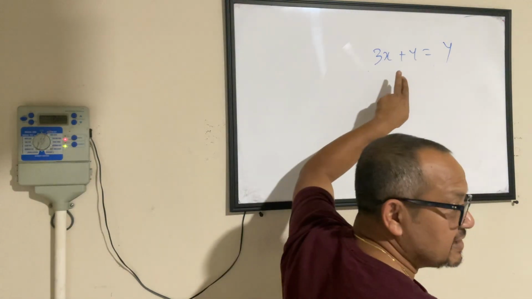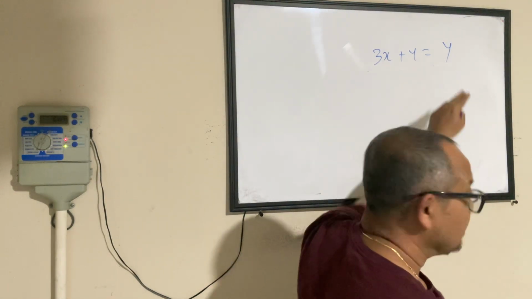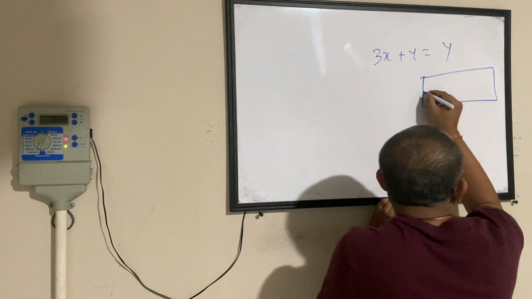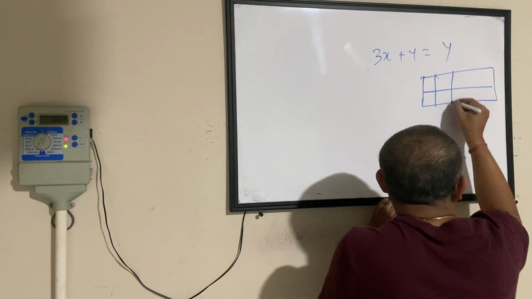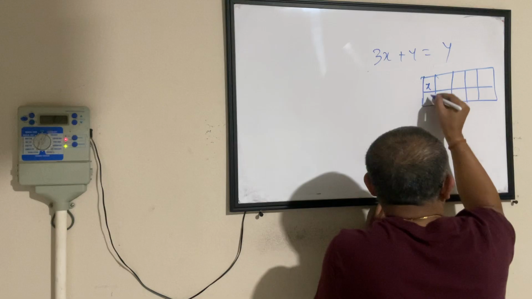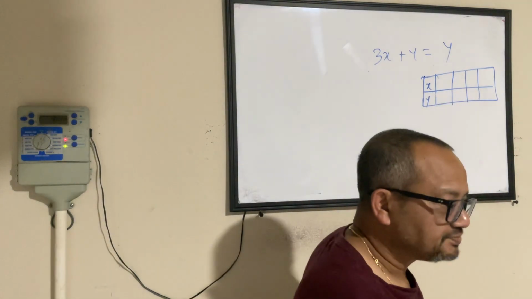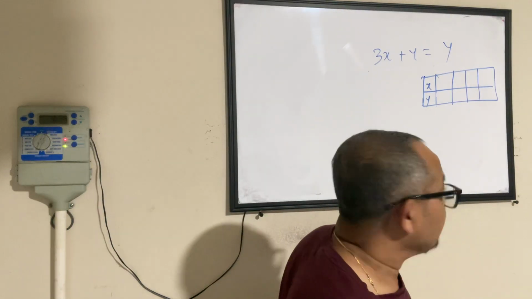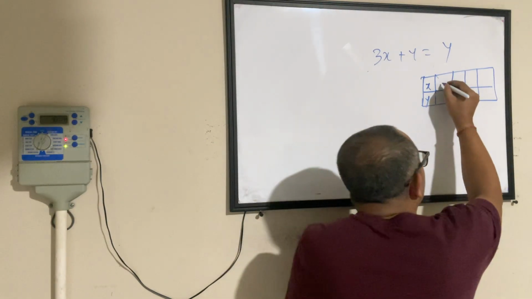If you keep on decreasing the value of x, y will also decrease. Let's put that in a table and see, based on this equation, how the value of y changes for the change of x. So, let's take value of x equals 0.